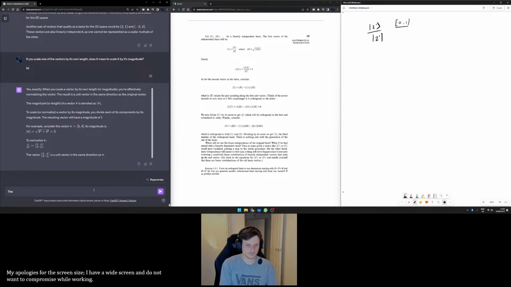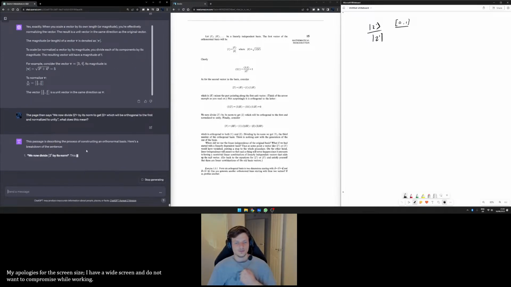The page then says we now divide 2 by its norm to get 2, which will be orthogonal to the first and normalized to unity. What does this mean? Let's see what it says, because I actually have lost this a little bit.